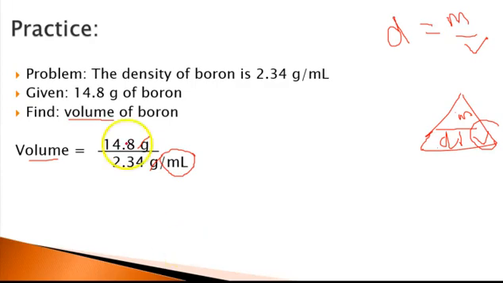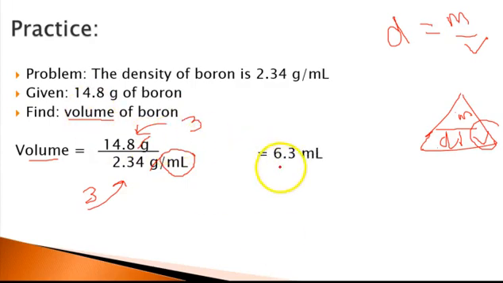And let's look at the digits here. The problem says 14.8 divided by 2.34, and the number of significant figures is 3, and that's 3. So my answer should come out to 3 digits.